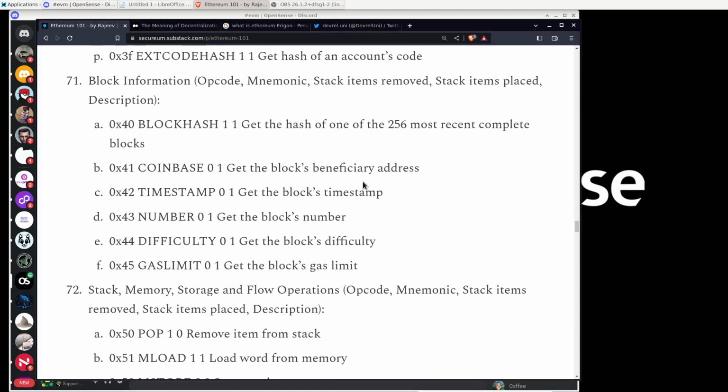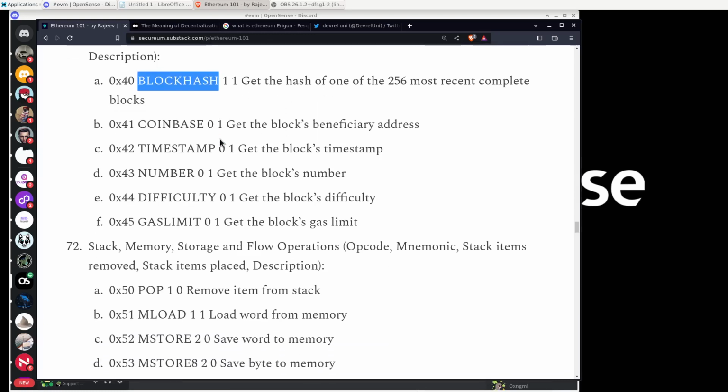Now let's go for the block information, okay? 0x40 block hash gets the hash of one of the 256 most recent complete blocks. I don't think I understood this one. Coinbase gets the beneficiary address.